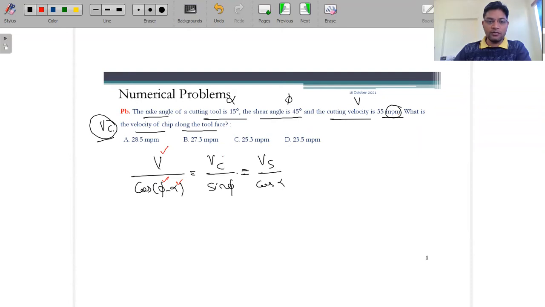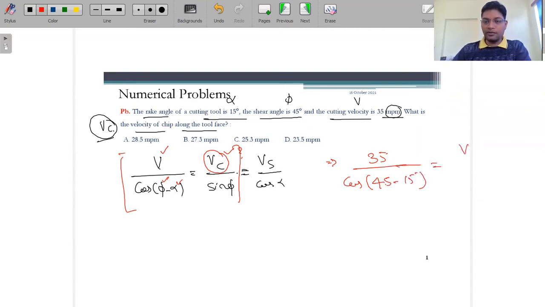We have to calculate the value of Vc. From here we can use these two relationships. So V is 35 mpm upon cos of phi, that is 45 degree, minus alpha, that is 15 degree, equals Vc upon sin phi, and phi is again 45.